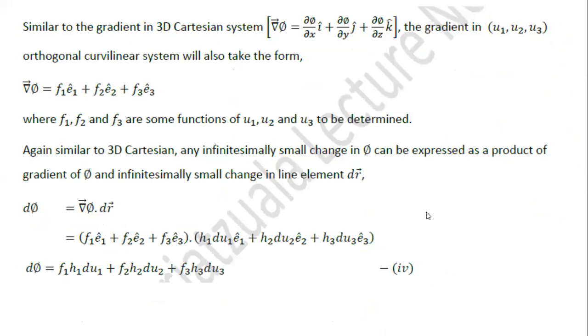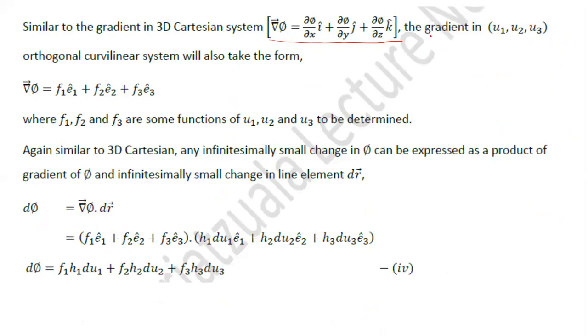Now, similar to the gradient in 3D Cartesian coordinate system, you know that the gradient in 3D Cartesian system is expressed like this: del phi upon del x i cap, del phi upon del y j cap. i, j, and k are the unit vectors, and these are certain functions after differentiating, right?